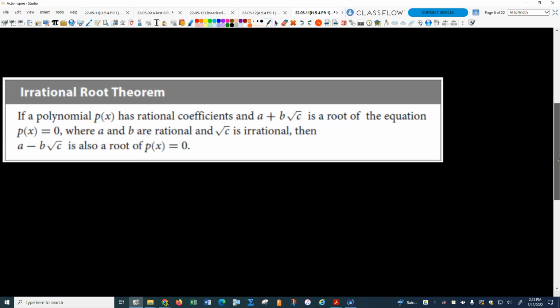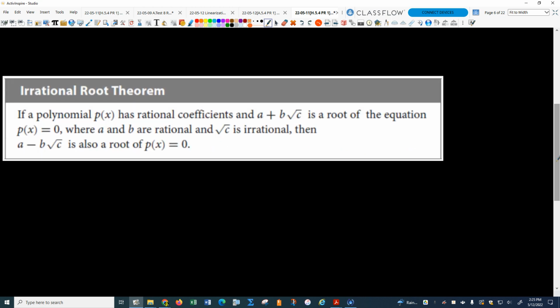So we have another relationship, the irrational root theorem. There is a caveat here: if a polynomial has rational coefficients, so this only works if the coefficients in the original polynomial, the numbers being multiplied by the powers of x, are not irrational. They have to be rational numbers.